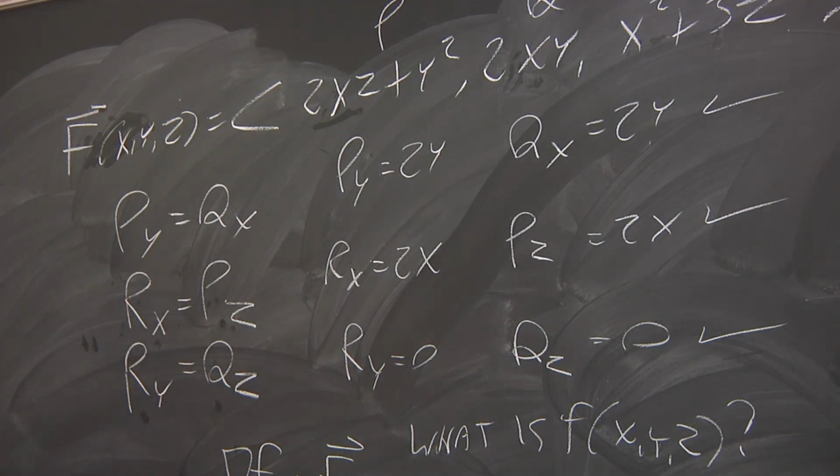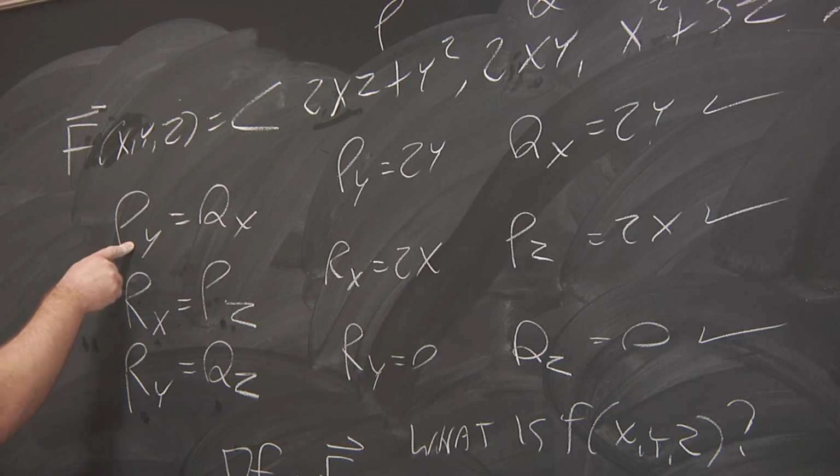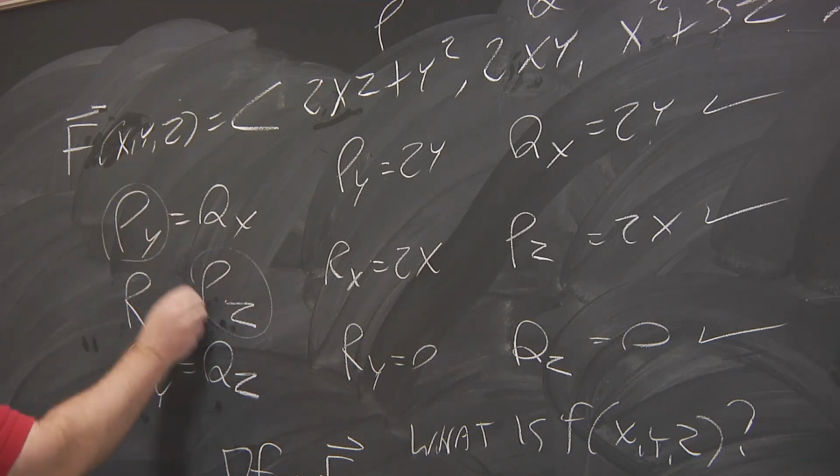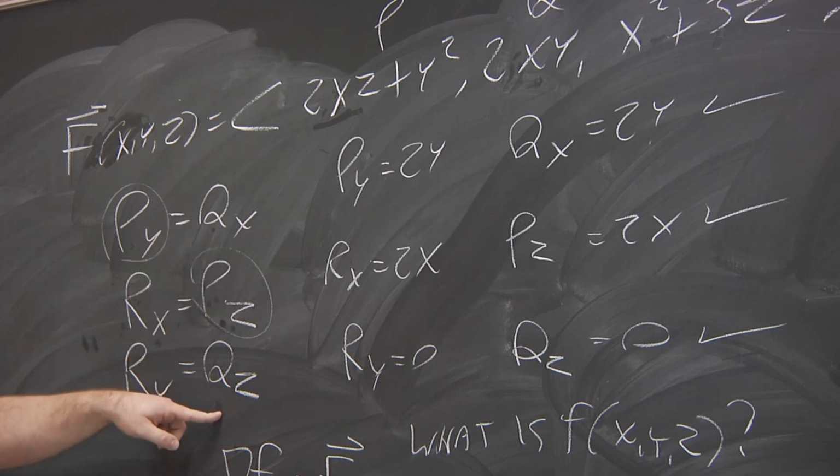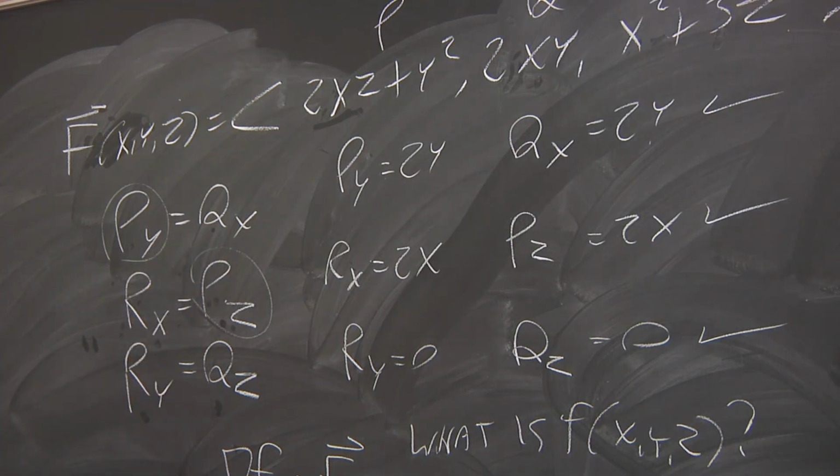Oh, I'm glad you shared that. I don't have to remember half as much. See, because here, P is the X component. Py and Pz are involved. Q is the Y component. Qx and Qz are involved. So you're always differentiating each component with respect to its other variables.